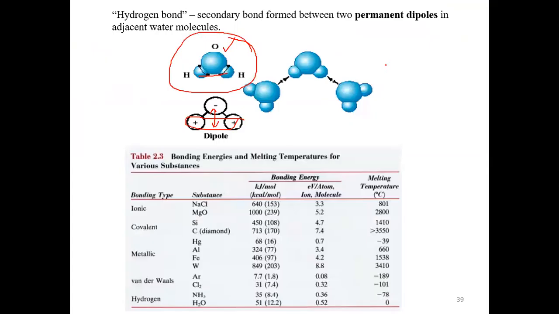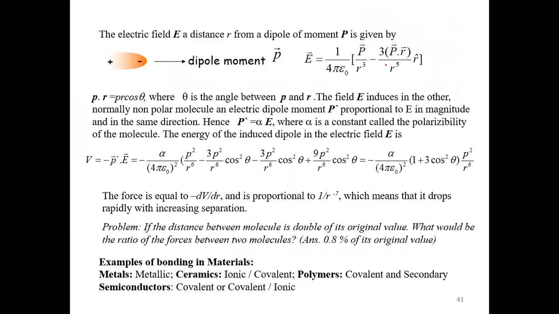You have studied earlier in your college level physics that the electric field produced by a dipole along a perpendicular bisector, like this is the dipole and this is the perpendicular bisector, at any point on the perpendicular bisector, you have found that the electric field is E equal to 1 by 4 pi epsilon naught P by R cube.